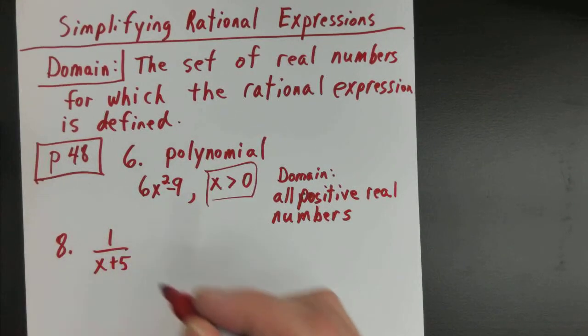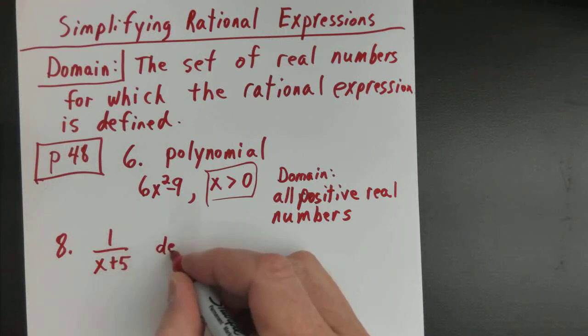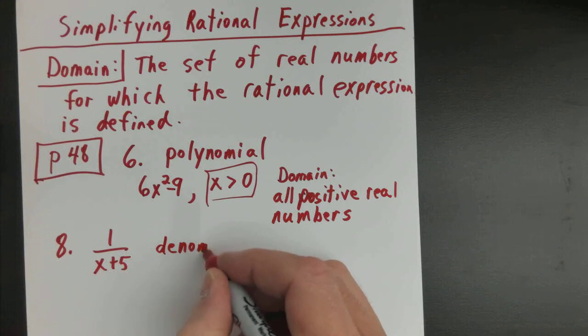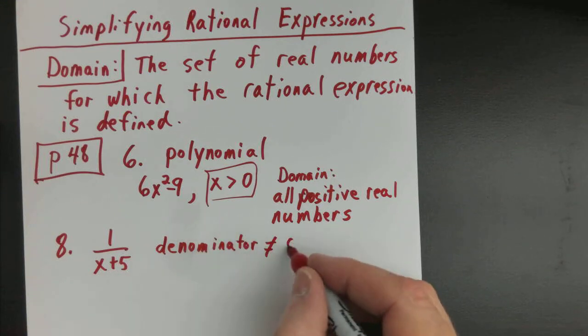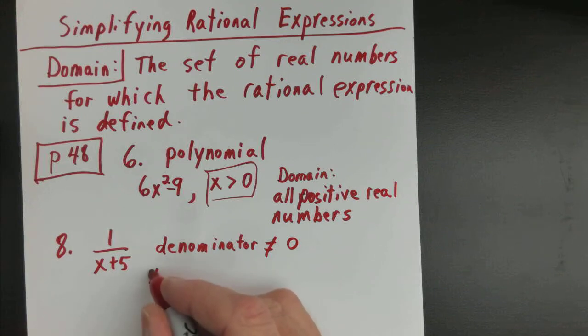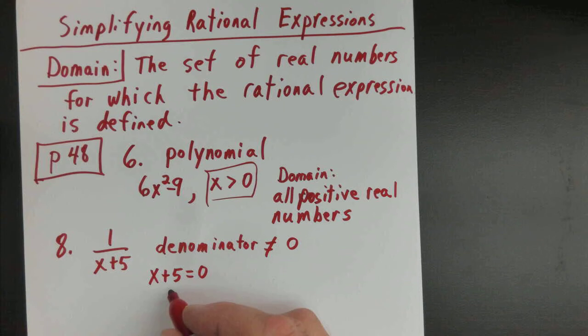What I do is look for, when you have a ratio like this, the denominator cannot equal 0. Well, what's going to do that? If x plus 5 is 0, that's our denominator. X plus 5 can't be 0, so x cannot be negative 5.